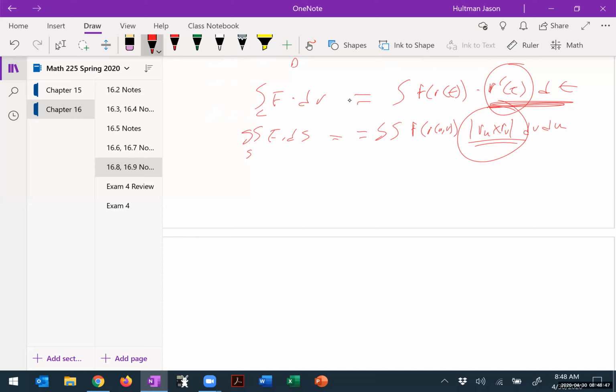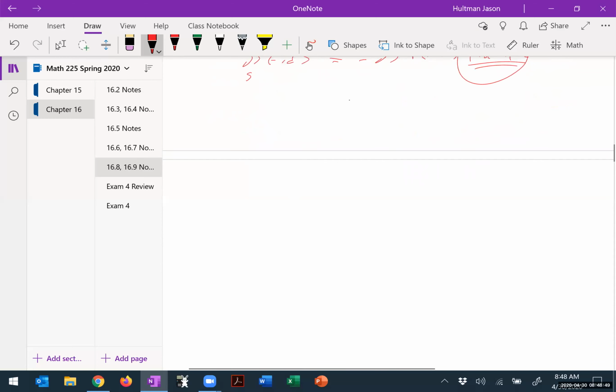Okay, let's do another one of these Stokes theorem problems. Number 2, use Stokes theorem to compute the integral over S of the curl of F dot dS. So generally when we're talking about Stokes theorem, or the next thing, which is divergence theorem, they're wanting you to go from one direction to the other direction.